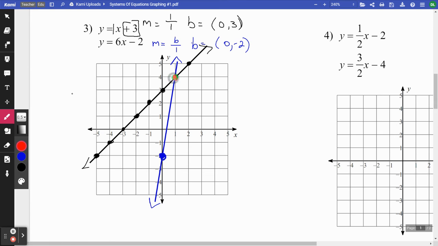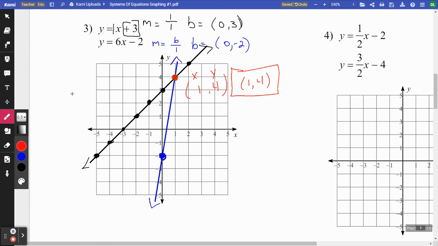They intersect right here at, your ordered pair is your X and then your Y, 1, 4. So I'll do 1, 4 over here. I'll box it so that way I know that, hey, that's my answer. 1, 4.